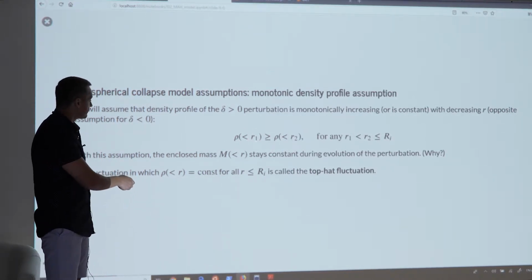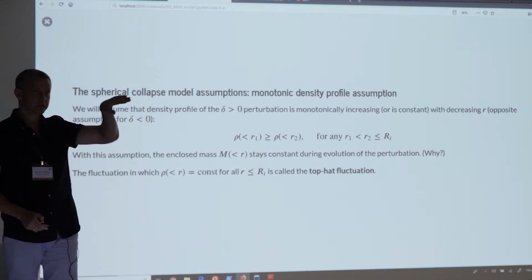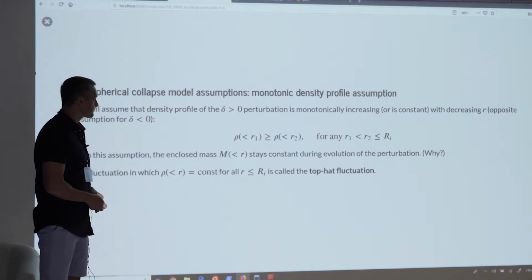So in other words, if I have two radii, R1 and R2, where R1 is smaller than R2, the density within R1 will always be larger or equal, at least, to the density within R2. So the density is monotonically increasing with decreasing radius, or at least stays constant, right?